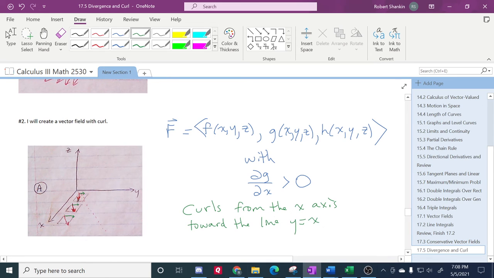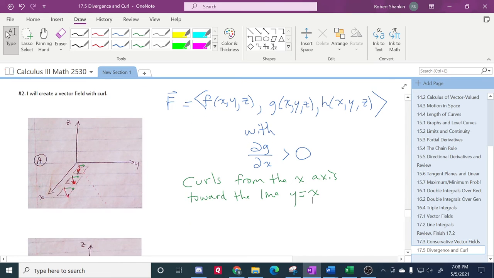Now the line y equals x was a dotted red line here. And we can kind of see this curling happen in these vectors, where as we go from the x-axis towards that, we're kind of curling.